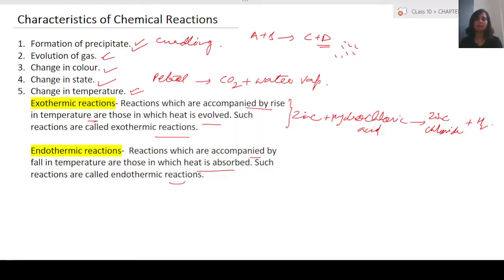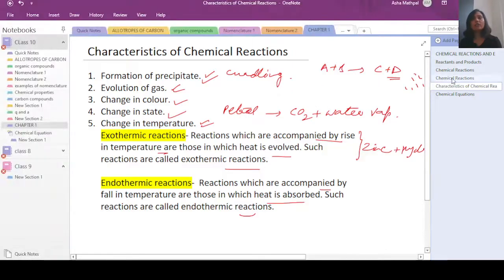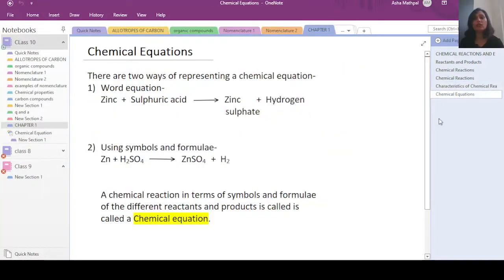Now moving to the next topic, chemical equations. Chemical equations are basically the chemical changes or the chemical reactions themselves. Chemical reactions can be written in two ways. The first way is a word equation, where we write the full words.